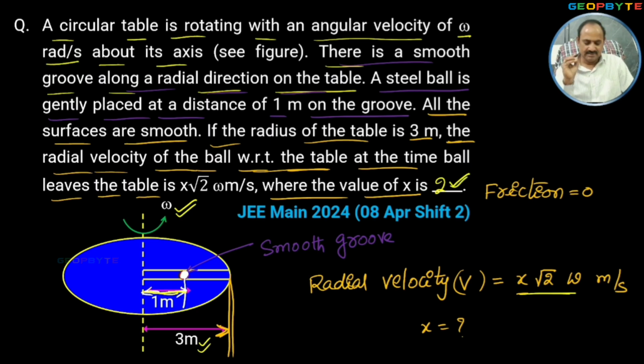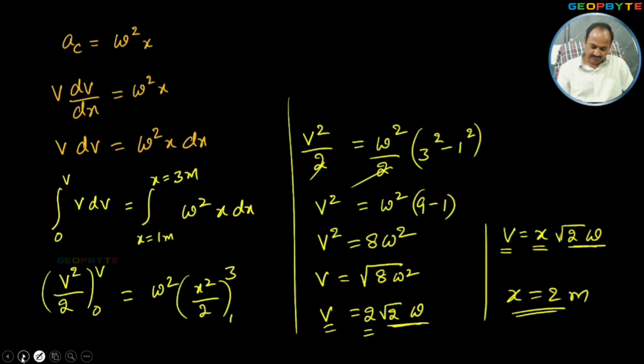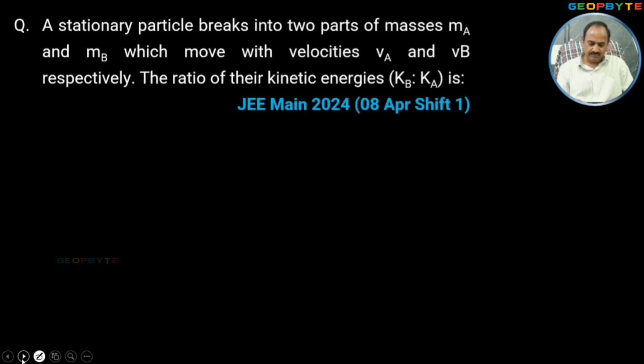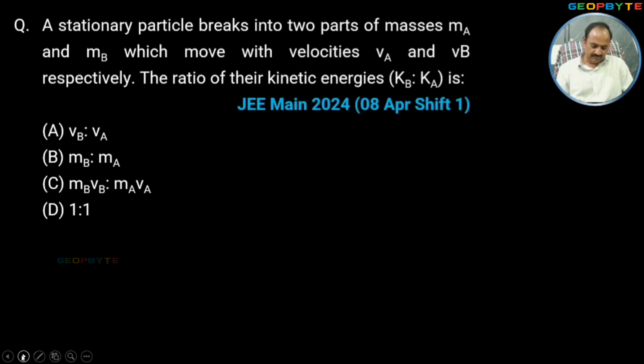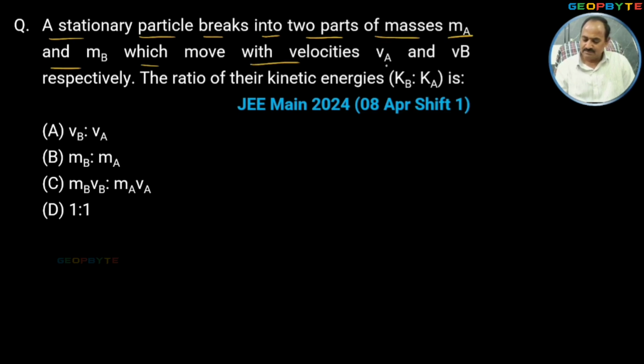Understood or not? Yes. Then look at another important problem. Try to read it clearly. It is asking like this. A stationary particle breaks into two parts of masses ma and mb which move with velocities va and vb respectively.